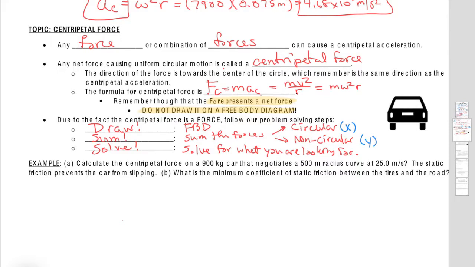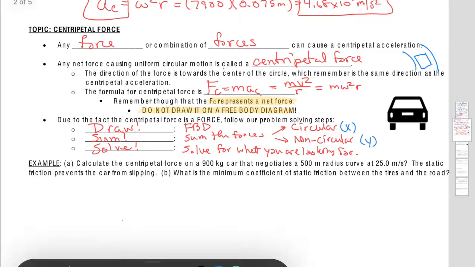Alright, so let's do a quick free body diagram of this car taking a turn, because a lot of situations will be cars taking turns. So I take a car around a turn. The turn itself has a radius, and the car is going to try to navigate this turn with a velocity.